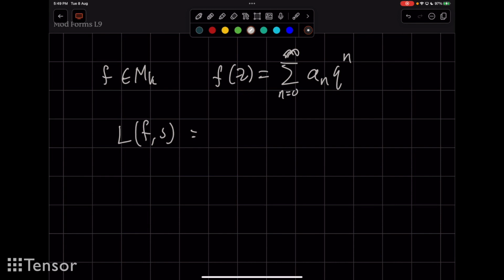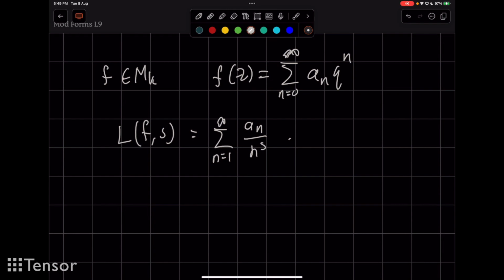This is defined as the summation of a_n over n^s, but this time the sum runs from n equals 1 to infinity. So this L function sort of ignores the zeroth coefficient of the q-series.